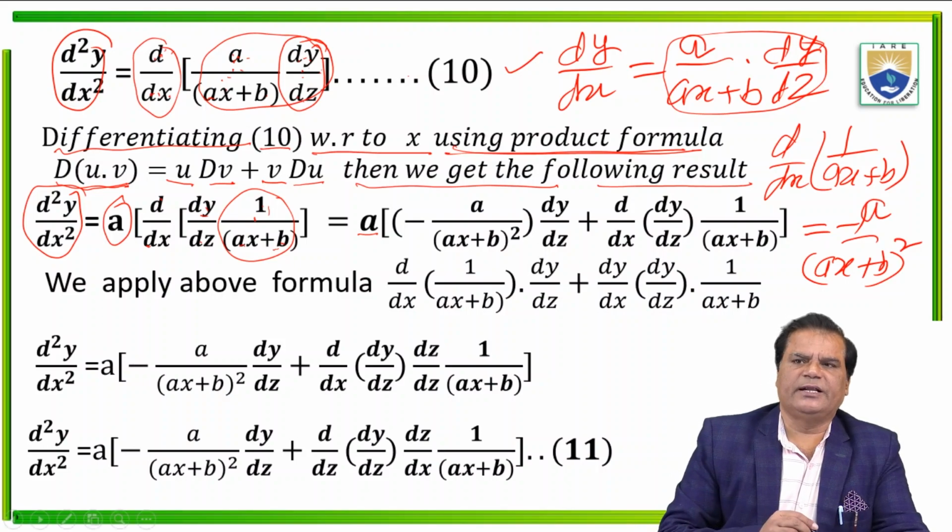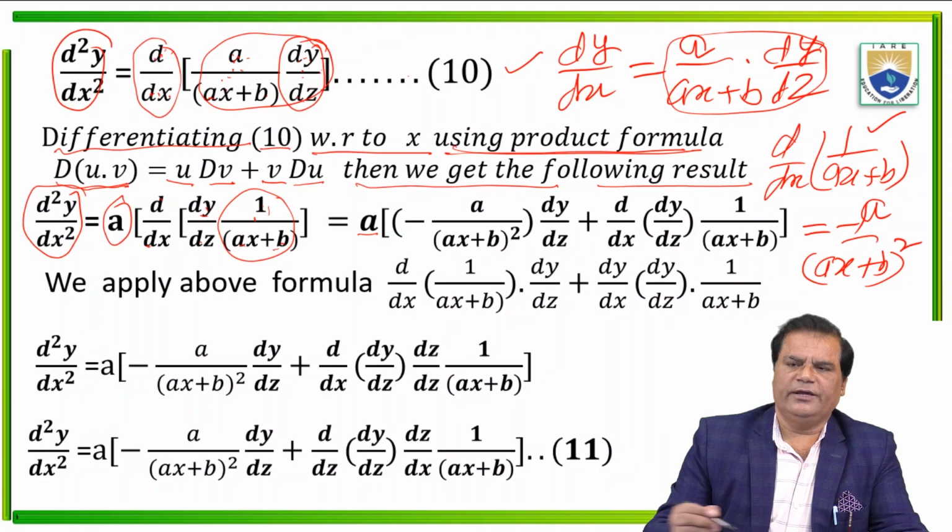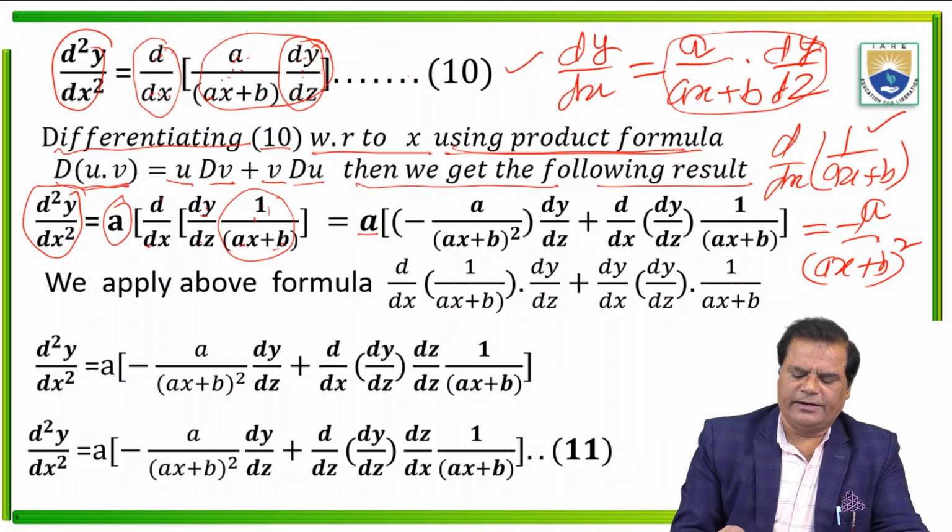The differentiation of 1 upon ax plus b is minus 1 upon (ax plus b) whole square into a. So we write minus a upon (ax plus b) whole square.